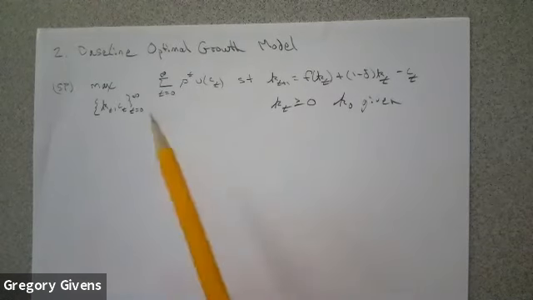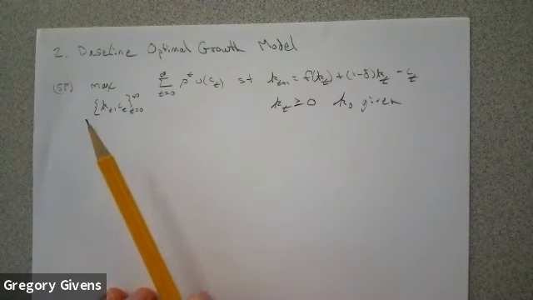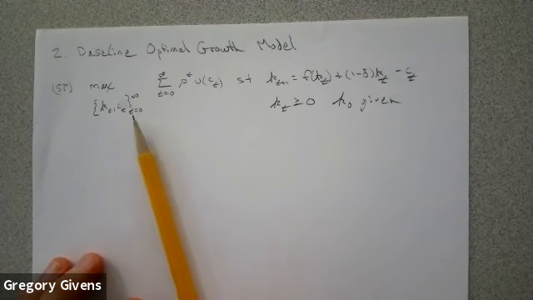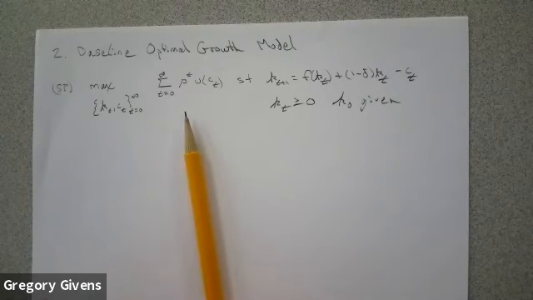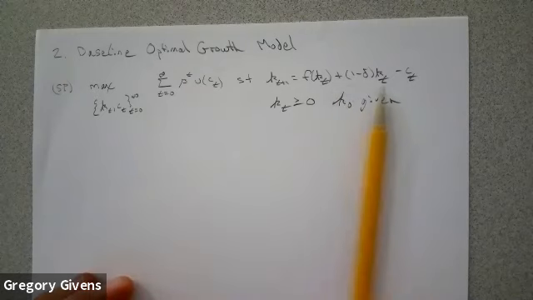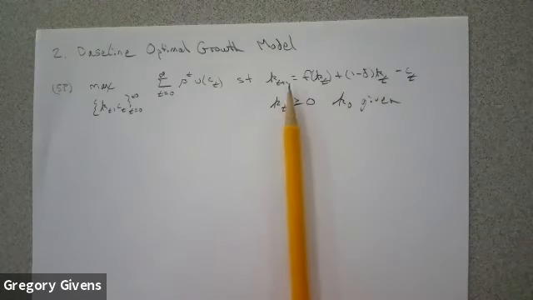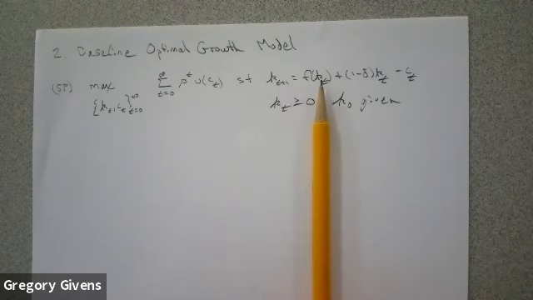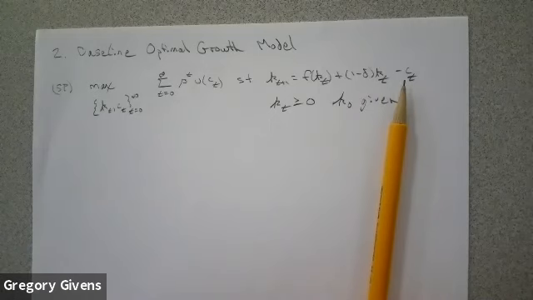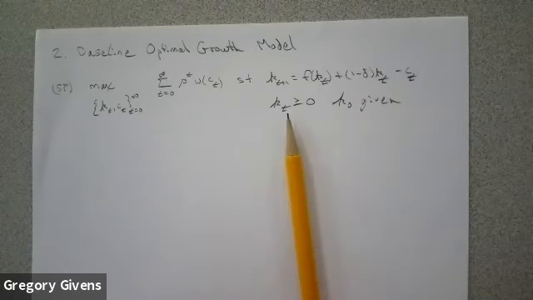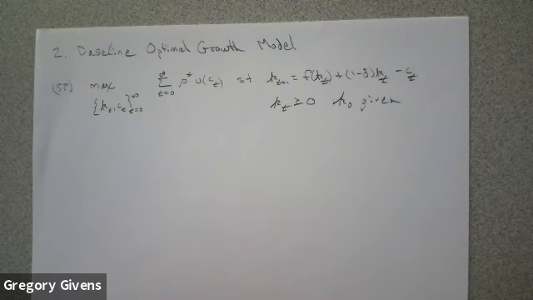So here is the statement of the basic optimal growth model as a sequence problem that the benevolent central planner would face: to maximize over sequences of capital and consumption this lifetime objective function, subject to a period by period resource constraint, where the capital stock you take into the next period is equal to whatever you produce today, plus whatever capital is left over after depreciation, minus whatever you decide to consume. Capital has to be non-negative, and the planner is given some initial stock of capital. So this is the statement of the sequence problem.